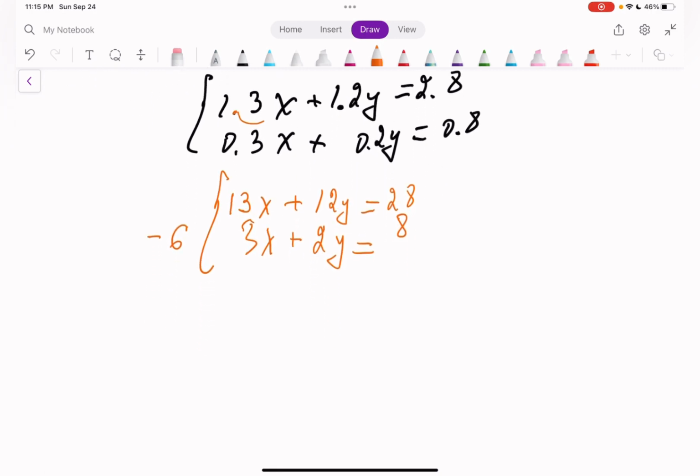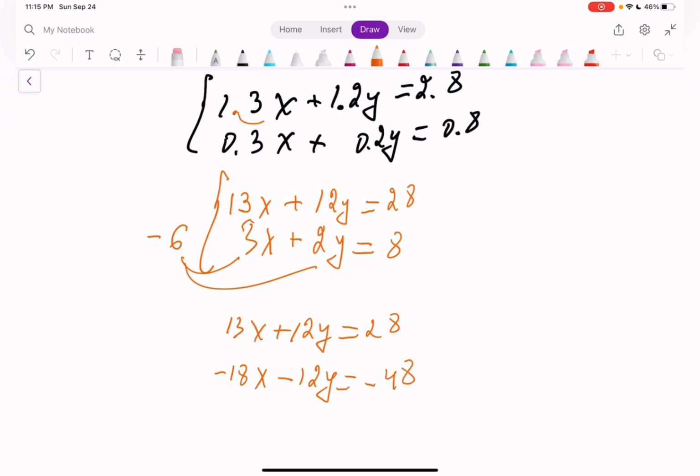So let me distribute this one by this, and by 8. So what do we have? 13x plus 12y is equal to 28. And then 3x, I'm sorry, I need to multiply. Negative 18x minus 12y, and it's equal to negative 48.